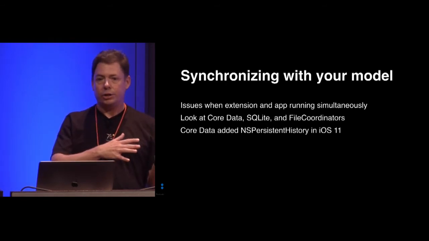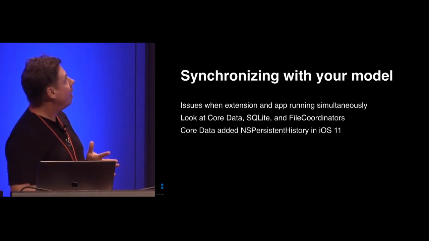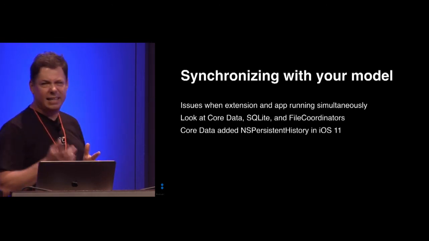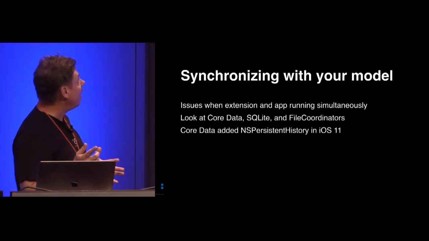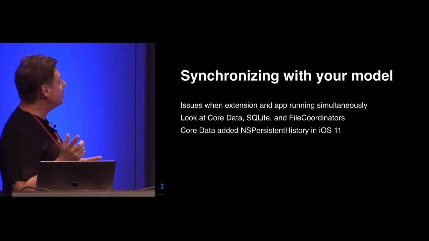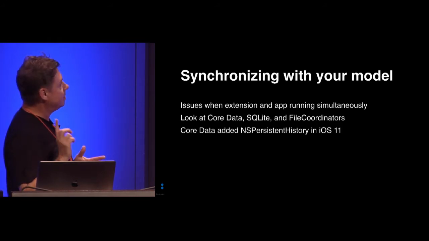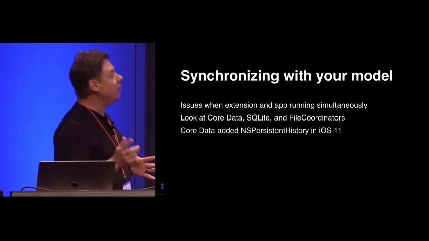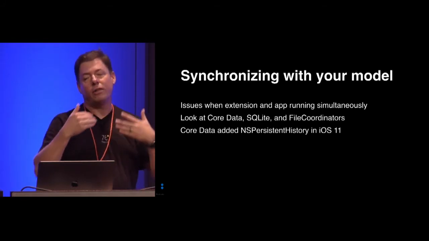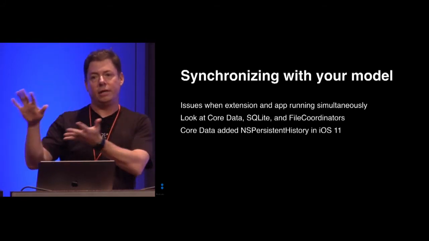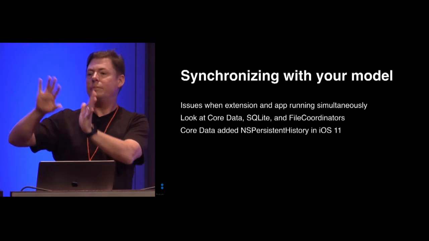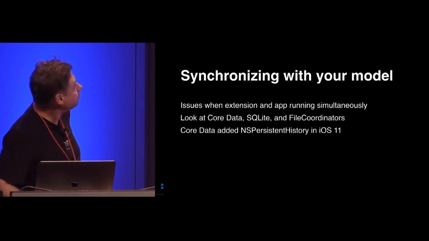And then you can purge it. In this case, I had enabled that, and it didn't really work right. So either I did something wrong or they haven't fully got it sorted out yet because it's still beta. But it'll give you a list of all the changes, and then you can just merge those into your main context or update your UI with them.